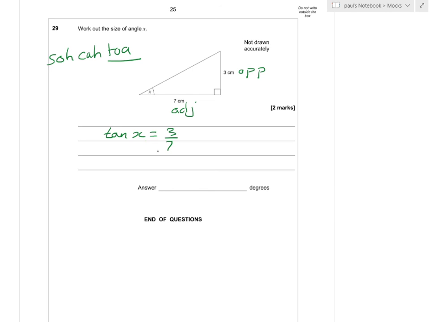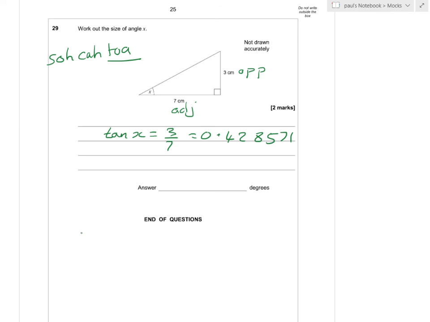Okay, so let's work out what 3 over 7 is. 3 divided by 7 is an awkward number. 0.4285571. Ooh, big bonkers number, yeah? So we want to find out what the angle is.